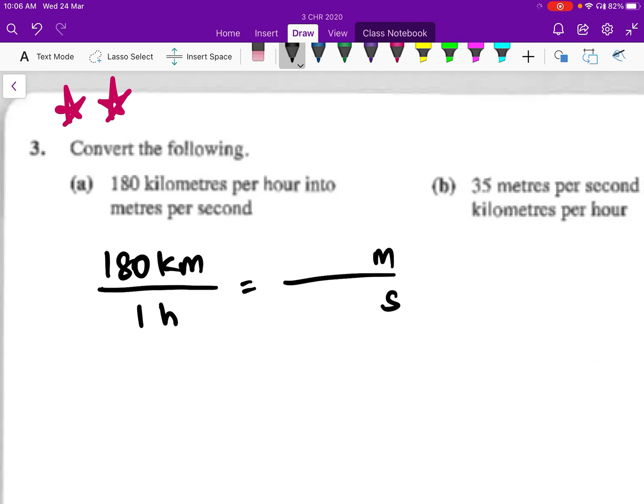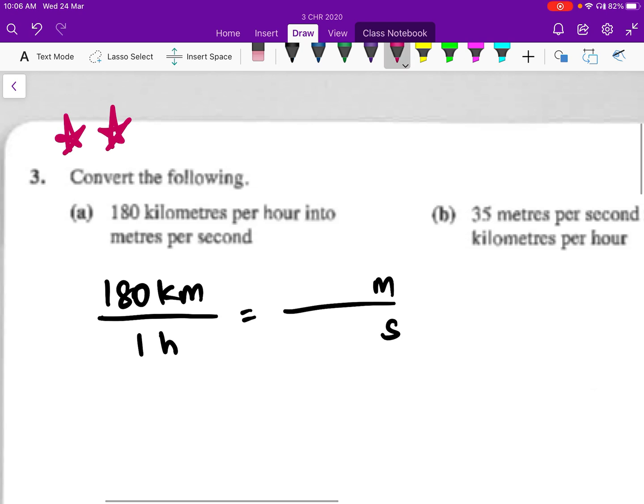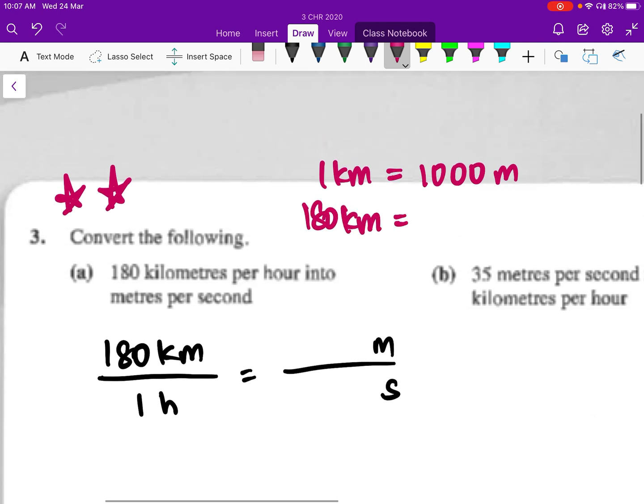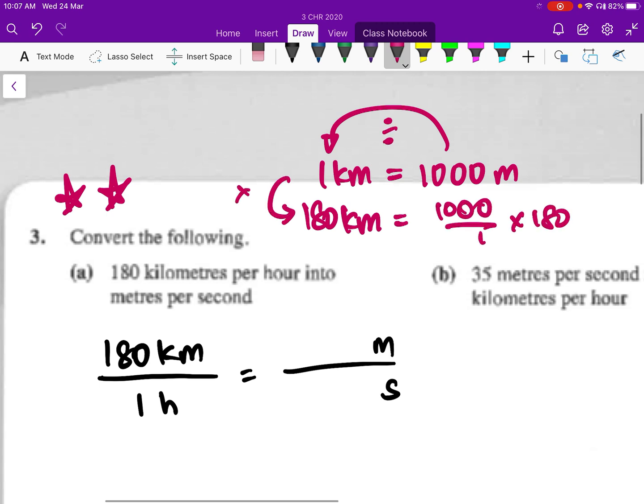So 180 km to meters. Times 1,000, but how do we remember that? 1 km equals 1,000 meters. So 180 km will be 1,000 over 1 times 180, which is 180,000 meters.